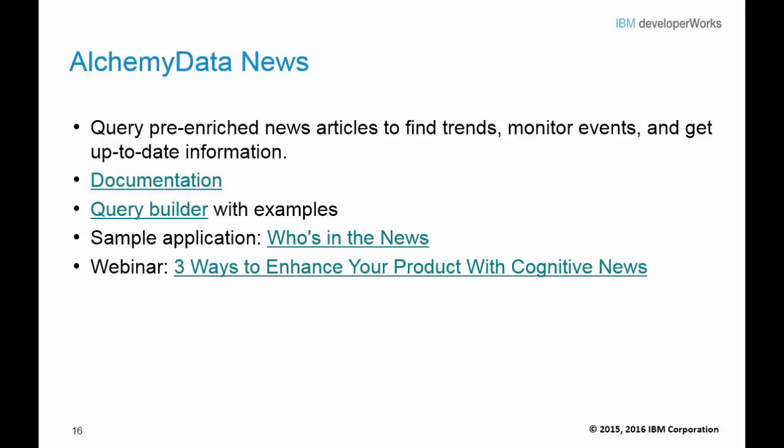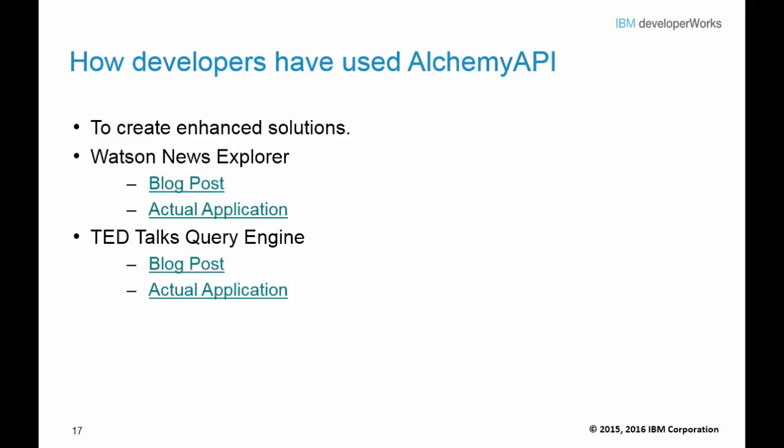The link to webinar series shared here is very informative, and I would encourage you to watch it. Developers have created smart applications like the Watson News Explorer and TED Talk Query Engine using Alchemy API.